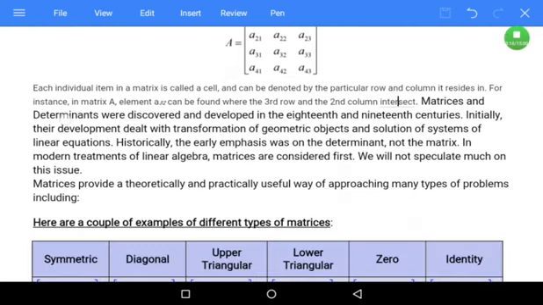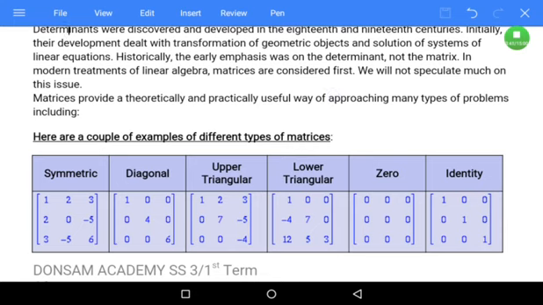Alright, so let's continue. Determinants. Matrices and determinants were discovered and developed in the 18th and 19th centuries. Initially, their development dealt with transformation of geometric objects and solution of systems of linear equations. Historically, the early emphasis was on the determinant, not the matrix. In modern treatments of linear algebra, matrices are considered first. We will not speculate much on this issue. Matrices provide a theoretically and practically useful way of approaching many types of problems.